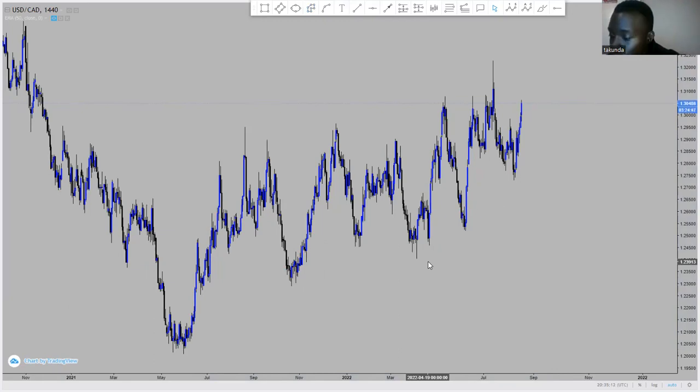Yes. Even if selling opportunities are going to be there, our main focus is on the buying side of things. Right now we're on the daily time frame, and we have seen the market structure already that it's bullish. That's a fact.